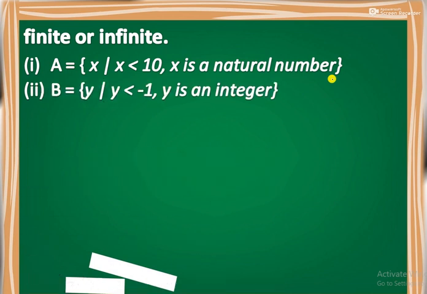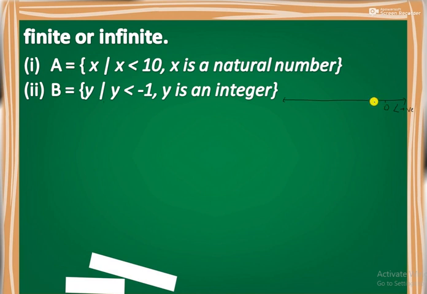The second one, B is a set of all y such that y is less than minus 1, where y is an integer. So students, for this, we have to draw a number line. Let us suppose 0 is here and all positive numbers are greater than 0.